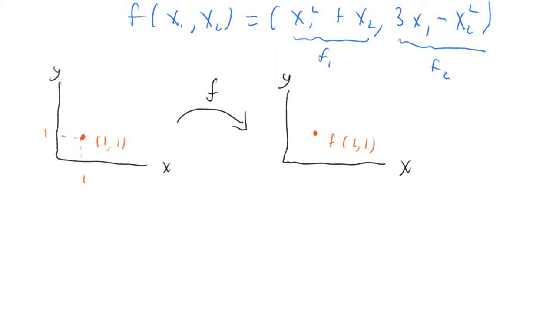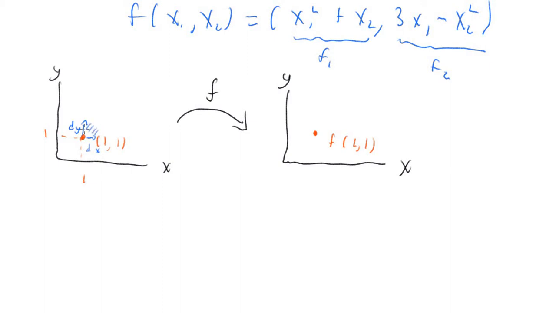Before, we had some dx or some neighborhood that got mapped, and the derivative was essentially how much that neighborhood got stretched. Now I'm going to take a tiny vector dx and a tiny vector dy.